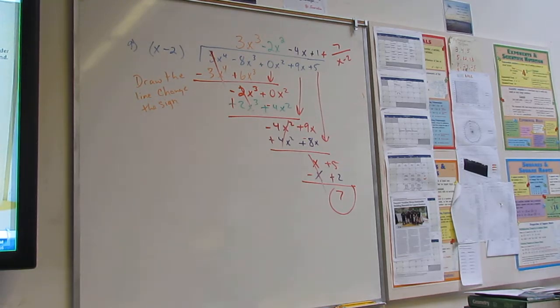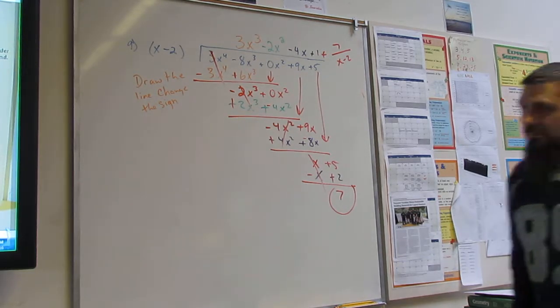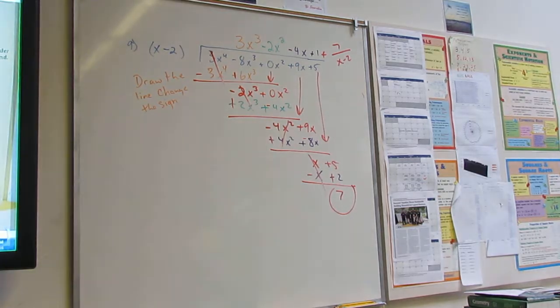Alright, 4, 1. Oh, they all have remainders. Okay. Here we go. Number 19. Oh, this one's perfect. Alright, number 19.